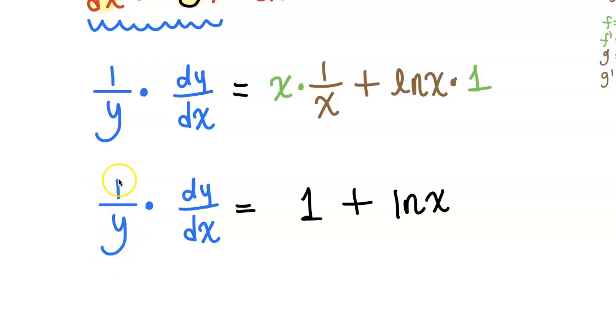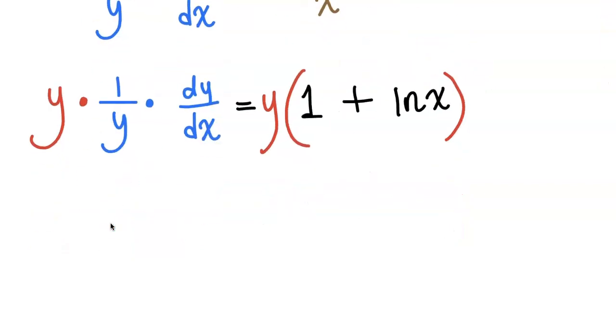I want to get rid of this 1 over y. So the last step is to multiply both sides by y. Multiply this side by y, okay? So look what happens. This y and 1 over y cancels out, leaving us with the final answer, dy dx equals.